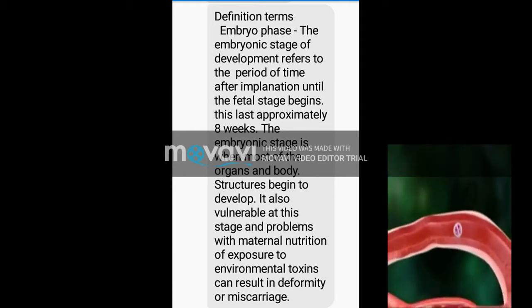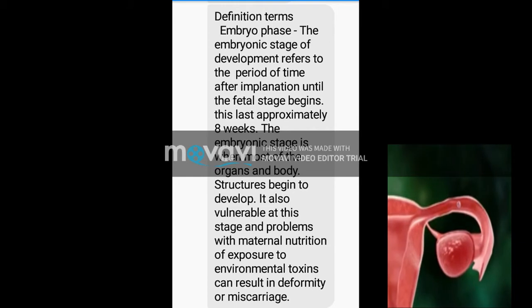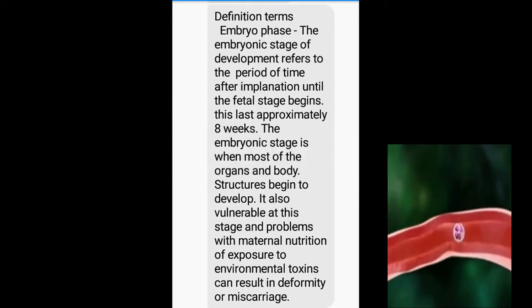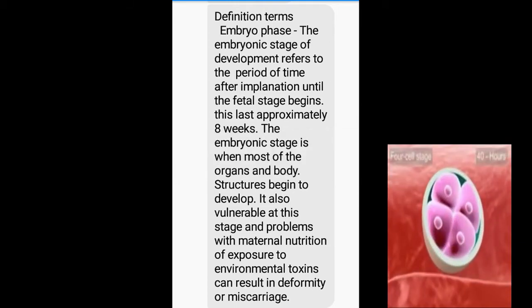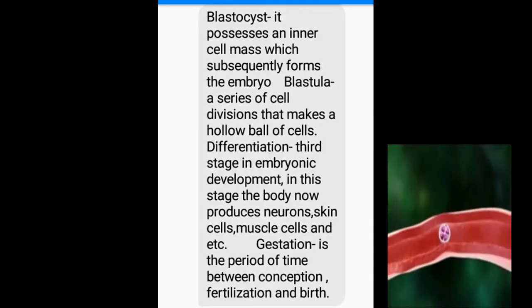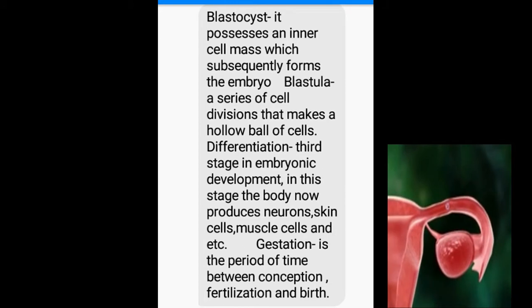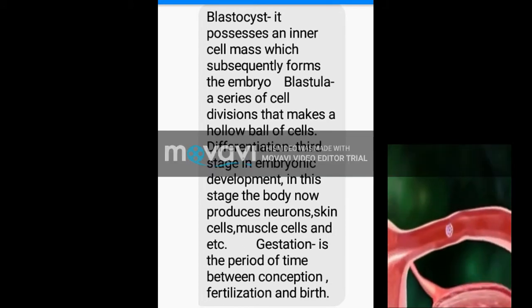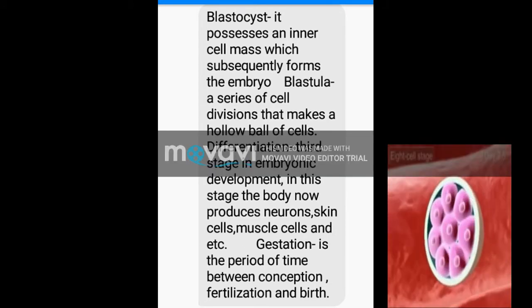Exposure to environmental toxins can result in deformity or miscarriage. Blastocyst. It possesses an inner cell mass which subsequently forms the embryo. Blastula. A series of cell divisions that makes a hollow wall of cells.